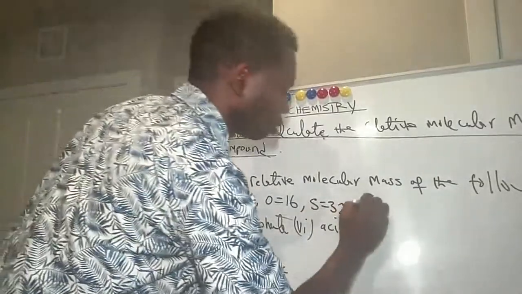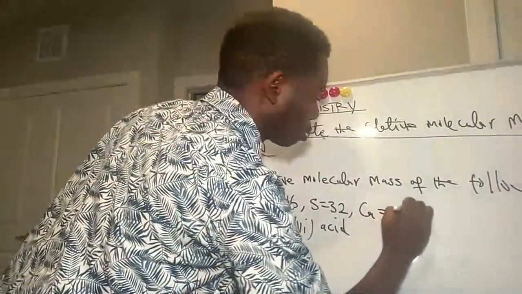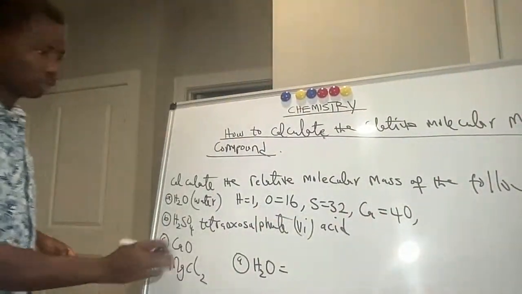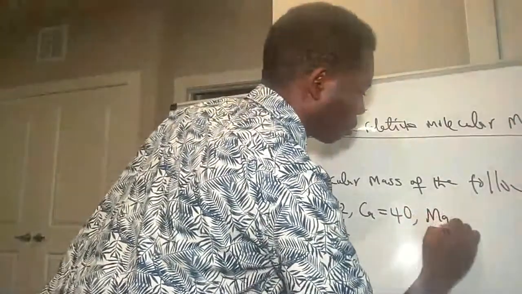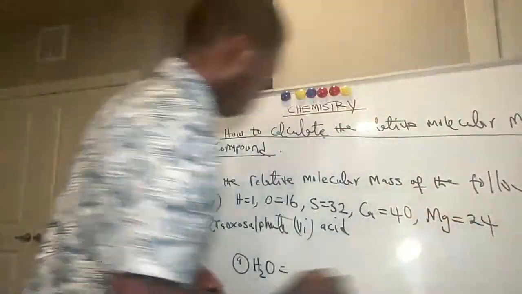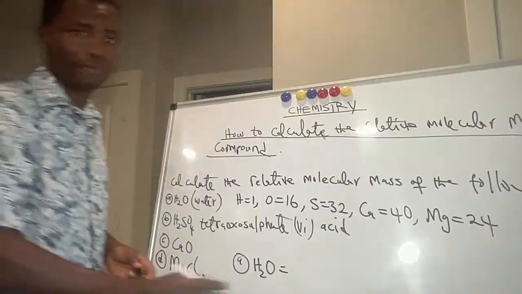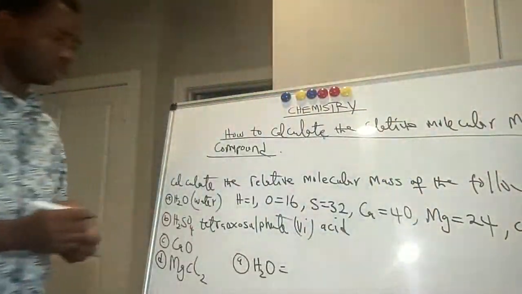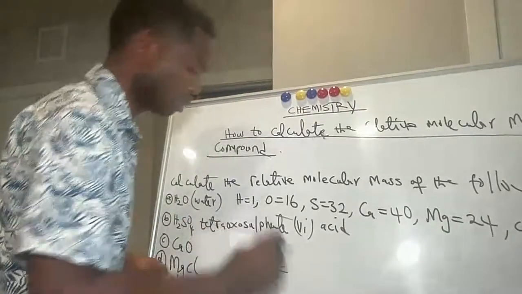Calcium is 40. Magnesium is 24. Chlorine is 35.5. Let's proceed.